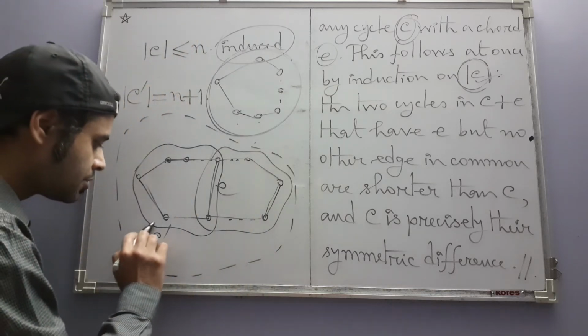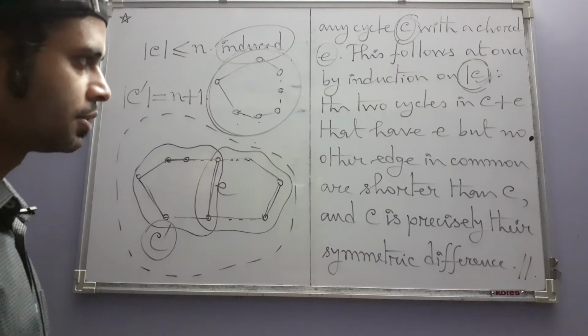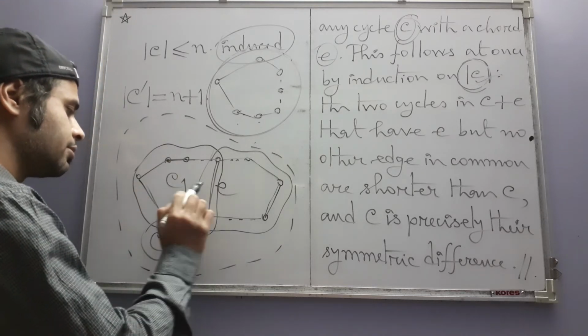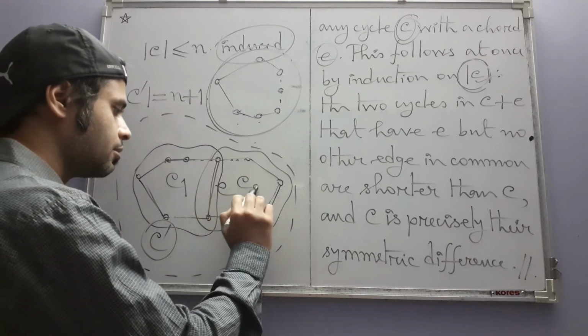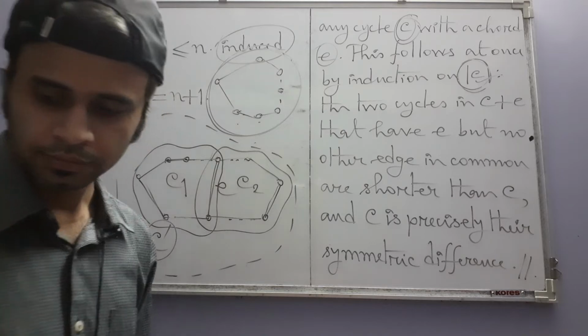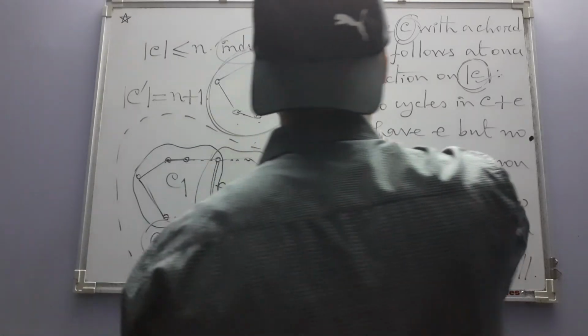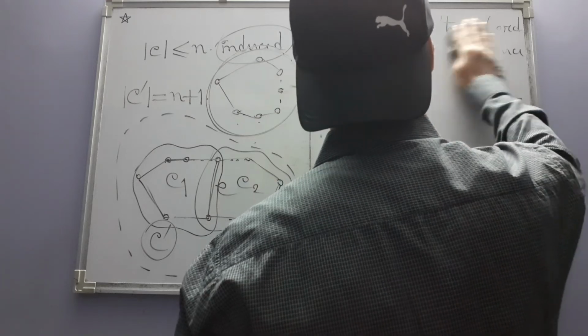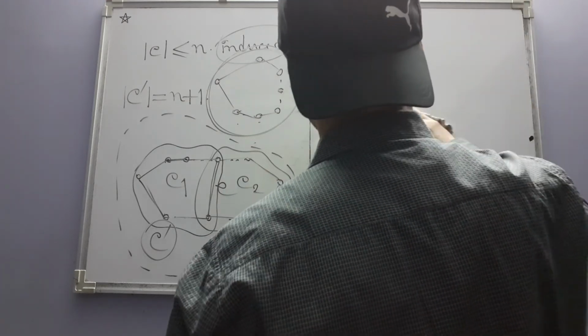Now what happens to the original C prime? If you call this smaller cycle on this side C1 and this smaller cycle on that side C2, then C prime is actually the sum of C1 and C2. Why though?